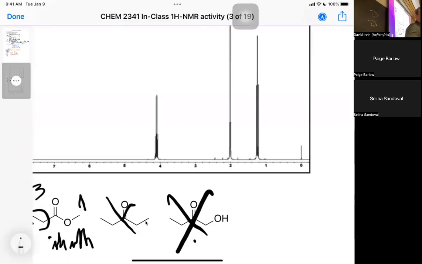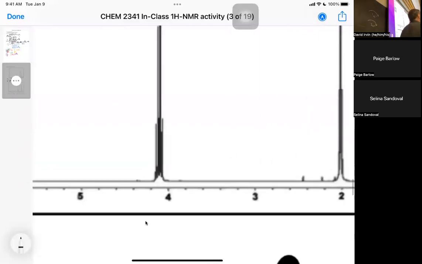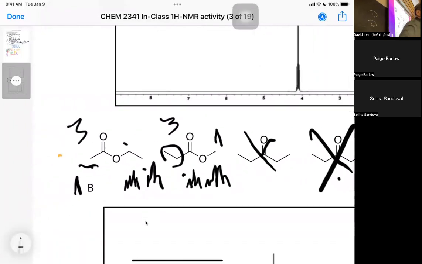Okay, so what do we have in the 3 to 4 range? We have a quartet in the 3 to 4 range. So that means the carbon bonded to the oxygen has hydrogens that have at least 3 hydrogens within 3 bonds away. It has to be the ethyl group. So that means we have to look for the structure that has the ethyl group bonded to the oxygen, because the quartet is bonded to the oxygen because it's up above 3.